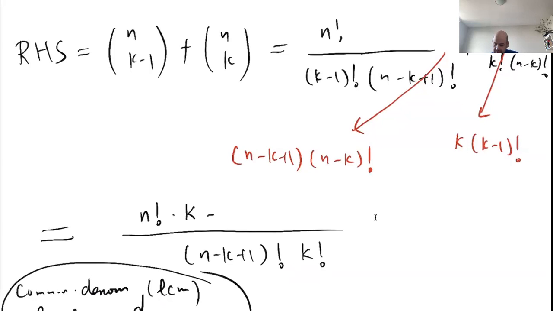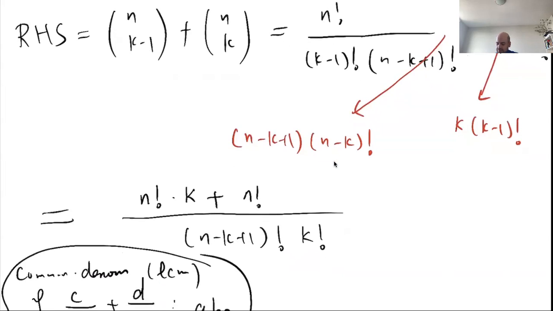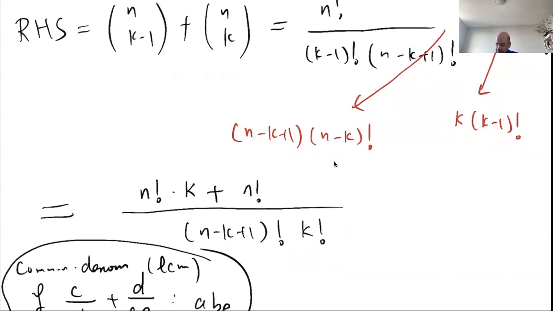And for the second fraction, n factorial must be multiplied by, so k factorial are common, but here in the second denominator, I have (n minus k) factorial. Here I have (n minus k plus 1) factorial, and that means (n minus k plus 1) times (n minus k) factorial. So I have to multiply the second numerator by (n minus k plus 1).